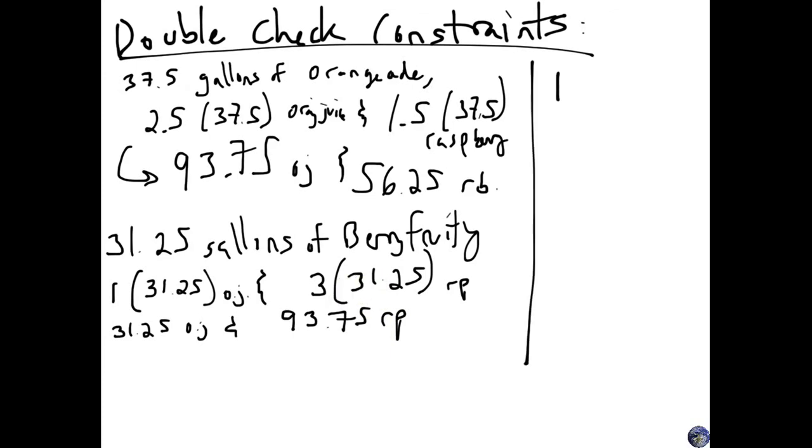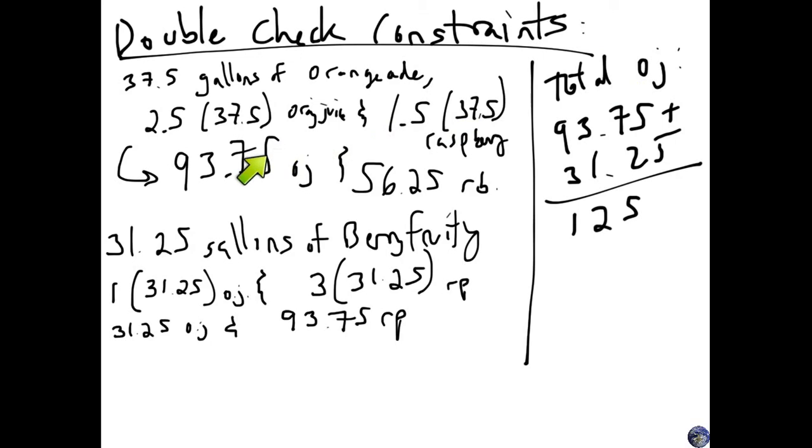So let's check it out. So the total amount of orange juice we're going to need is the 93.75 coming from the orangeade and the 31.25 of the orange juice coming from the berry fruity. So if you put that together, 93.75 plus 31.25, hey, that does indeed equal 125, and we have enough.